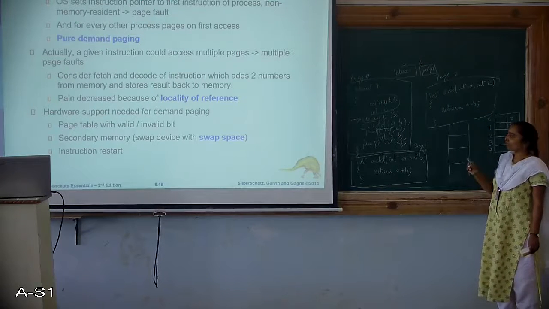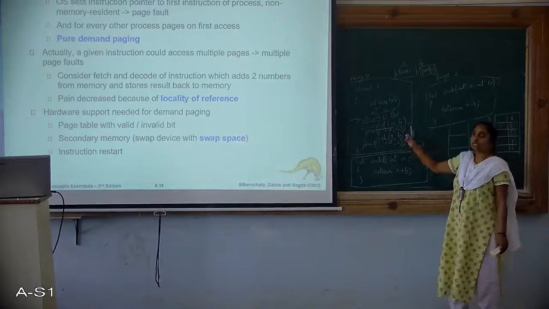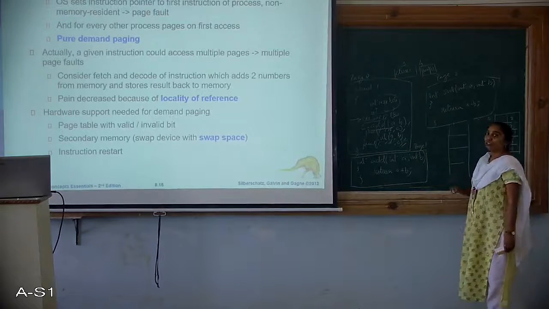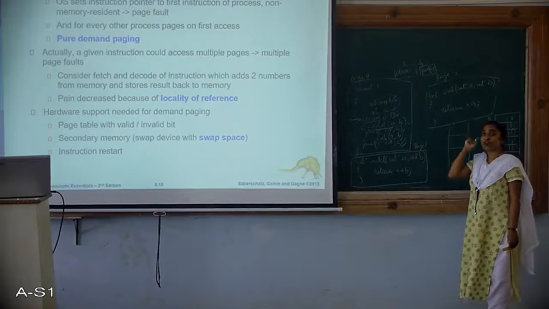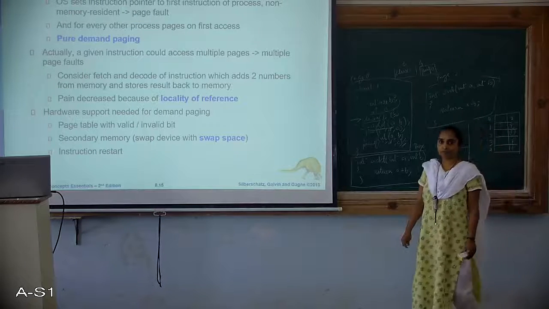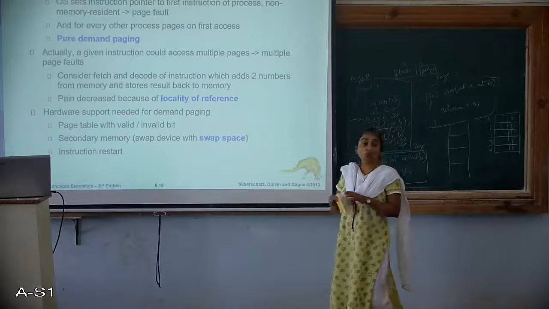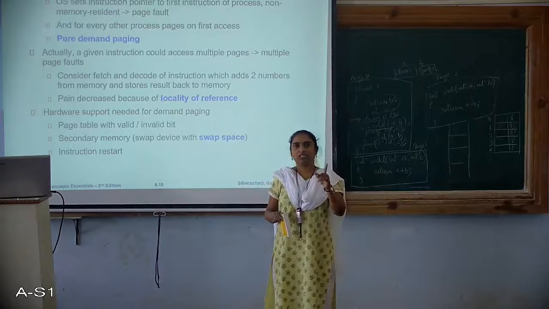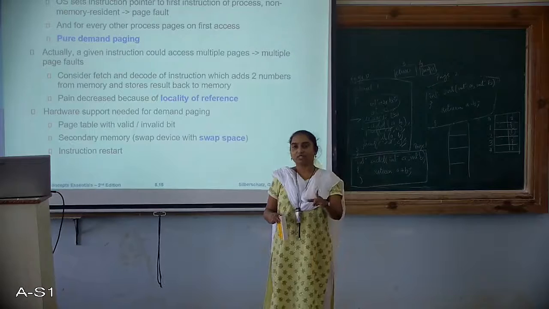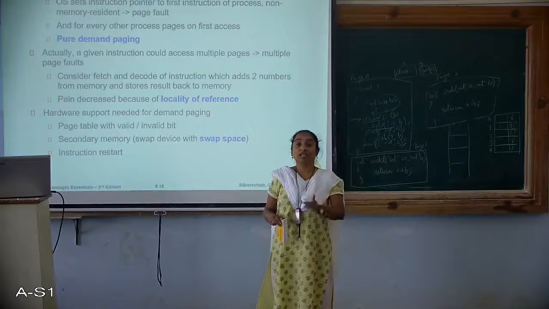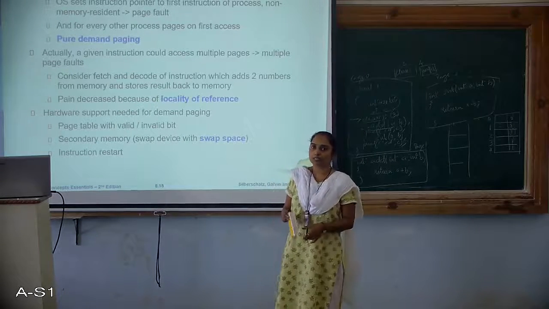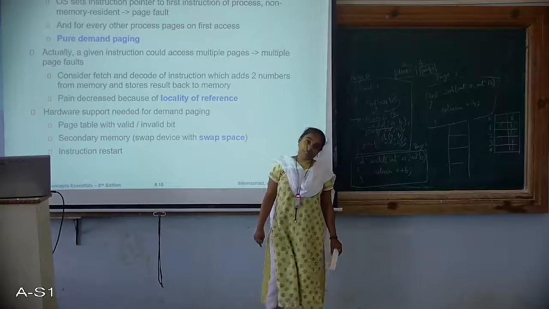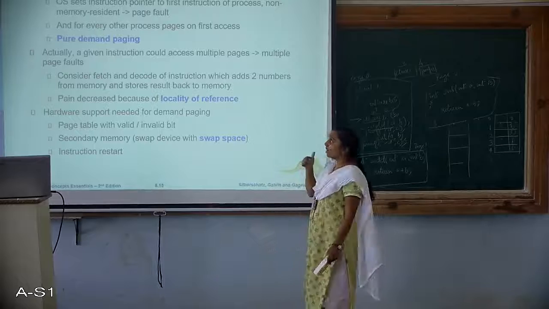In such a case, the operating system has to see which page is the beginning page and load that page. So the first page itself causes a page fault. A process with no page loaded into the main memory, where from the first page itself, from where it should start execution, a page fault is generated to the operating system, that kind of scenario is called pure demand paging.